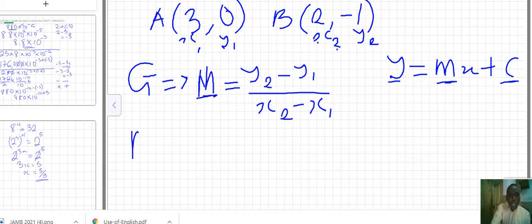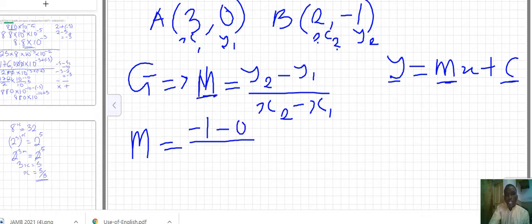So m is equal to y2, which is -1, minus y1, which is 0, all over x2, which is 2, minus x1, which is 3. This will be equal to -1 minus 0, which gives -1, all over 2 minus 3, which gives -1.